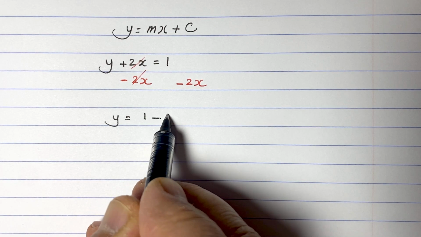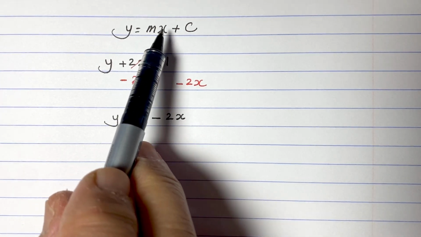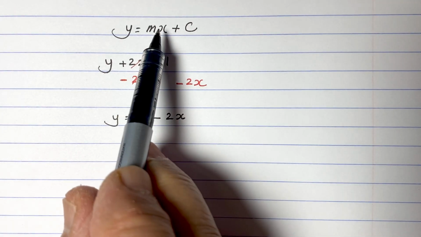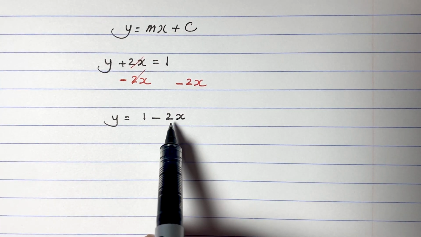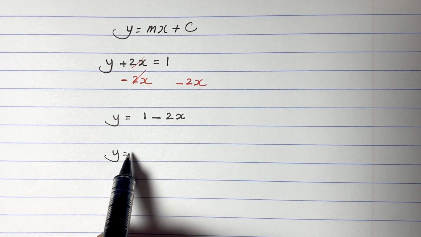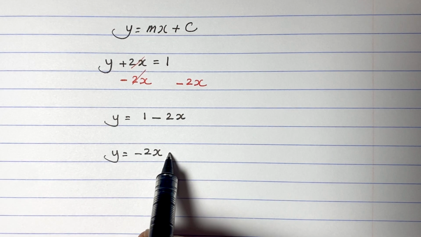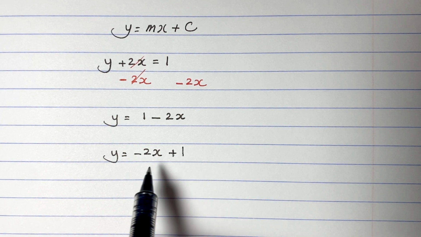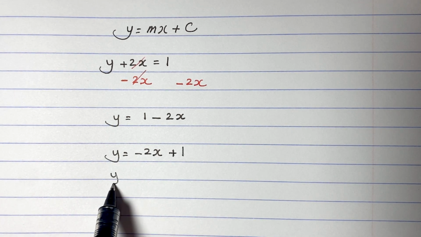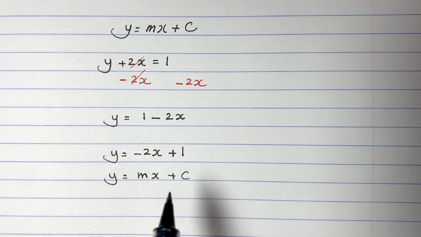So y equals 1 minus 2x. But again, to match it with the required form for an equation of a straight line, I write this term first and then plus 1 next. So y equals minus 2x plus 1. Now you can see this is in the form of y equals mx plus c.